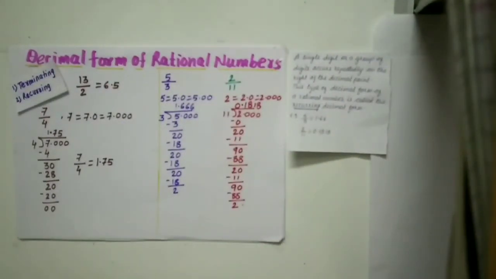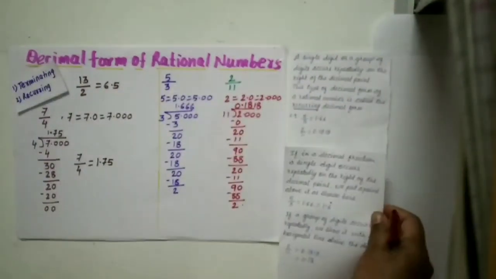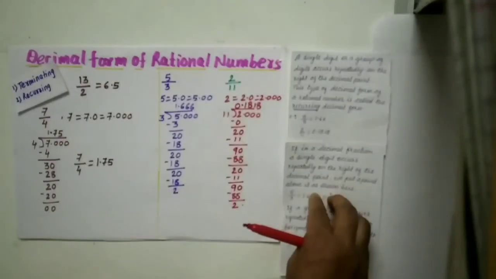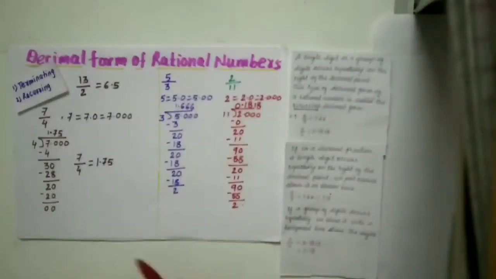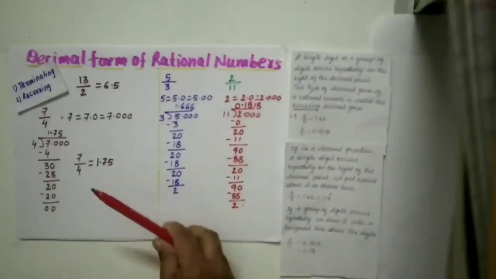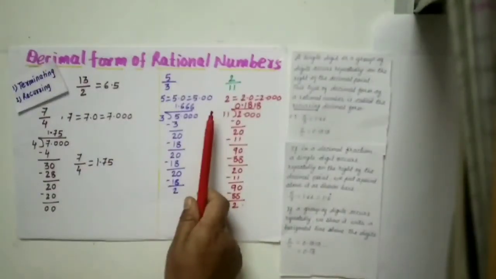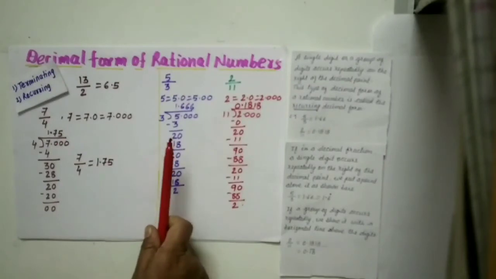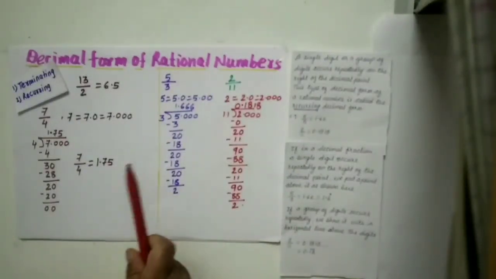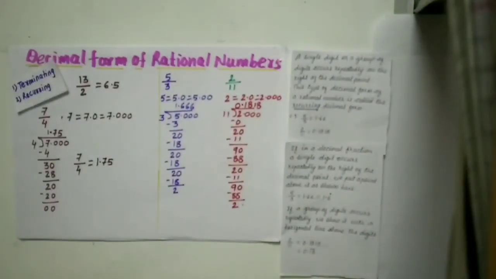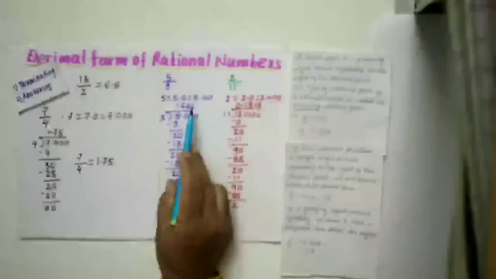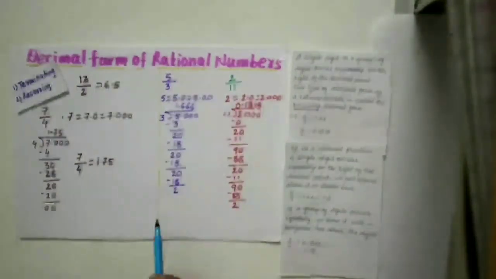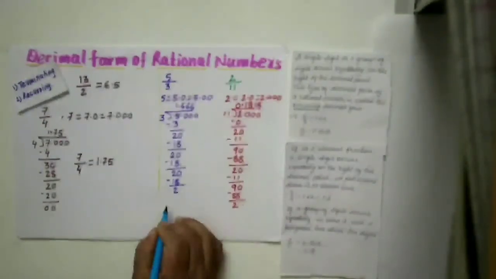Now how to write the answer? If in a decimal fraction a single digit occurs repeatedly on the right of the decimal point, we put a point above it as shown here. Here one digit is occurring repeatedly. So how will we write the answer?